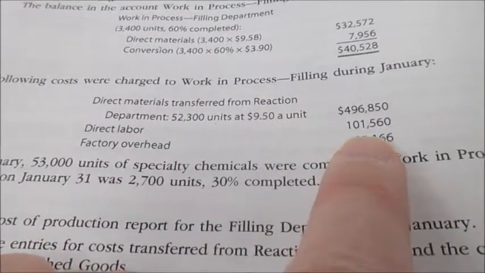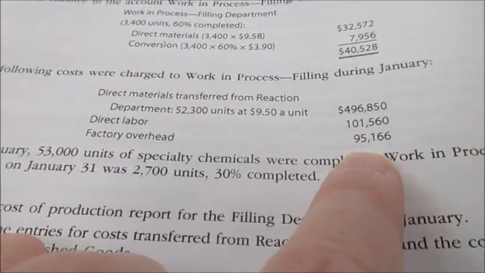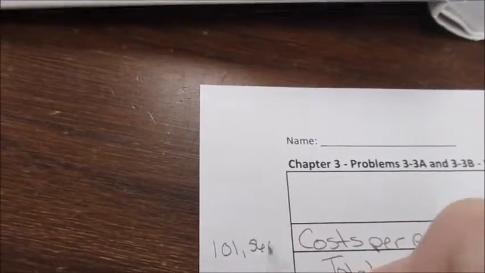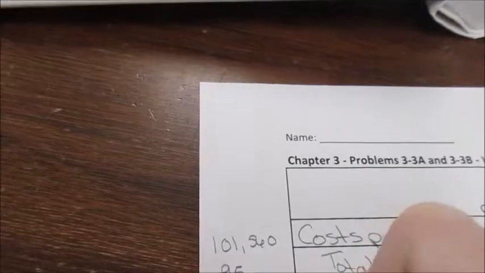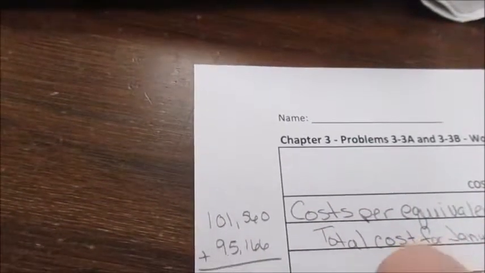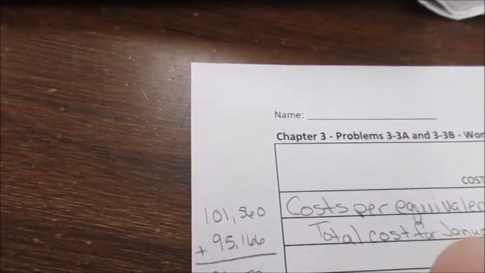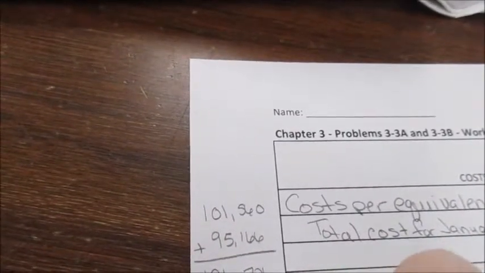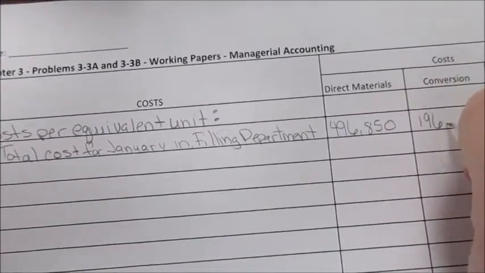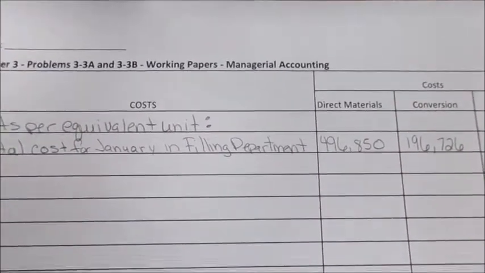Okay. Our conversion cost includes both our direct labor and our factory overhead. So I'm going to go off here to the side, and we had 101,560 and 95,166, and I'm going to add those two numbers together, and I'm going to get 196,726, and this becomes my conversion number. So this is going to go over here, 196,726.